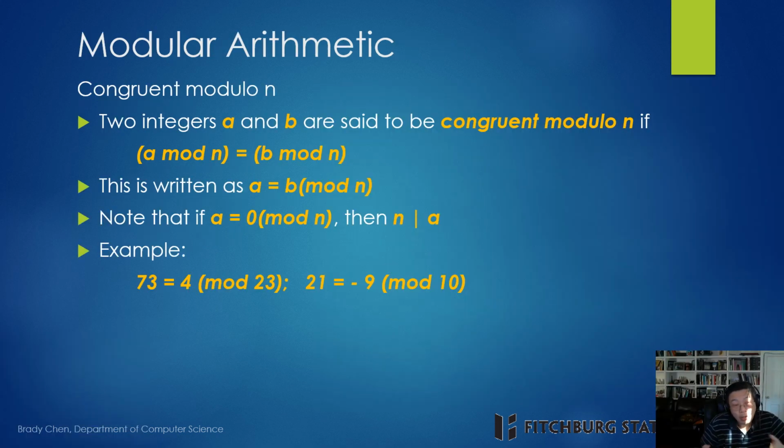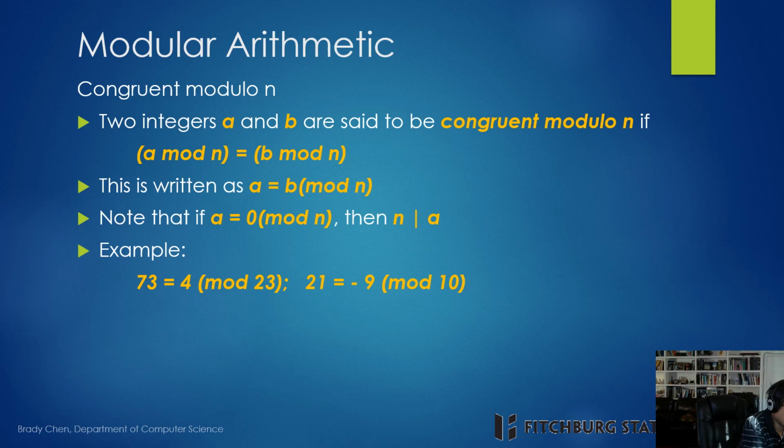So we talked about the modular operation. A mod n basically means when A is divided by n, we get the remainder. Now, with modular arithmetic, we can define the relationship between two integers.